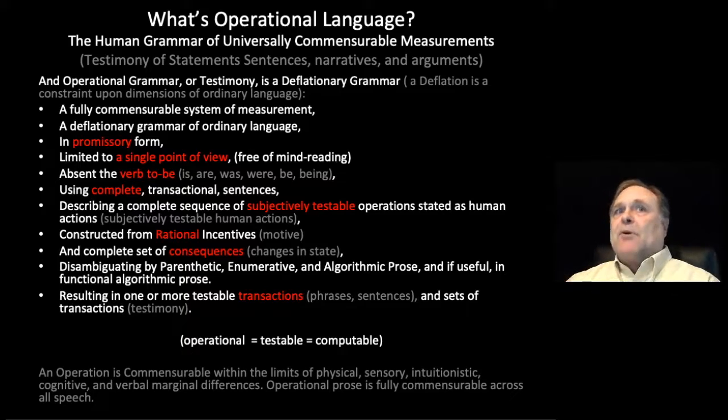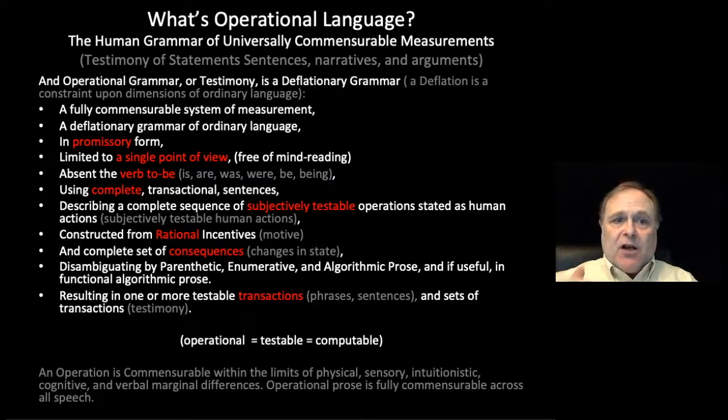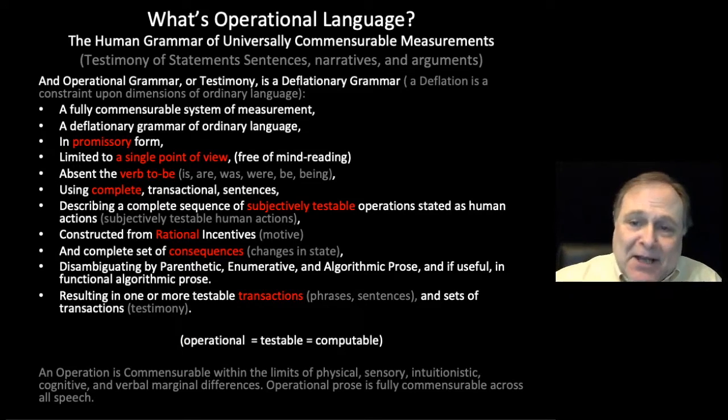So what's an operational language? We saw us go through a list of humanly subjective testable dimensions and what we'd have to warranty. There are also some constraints we can put on phrases and sentences in order to make sure that we're speaking in a vocabulary, grammar, and logic that's testable by those dimensions that humans have that we can test.